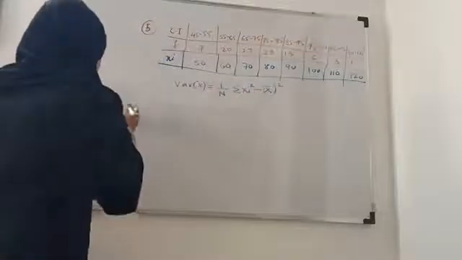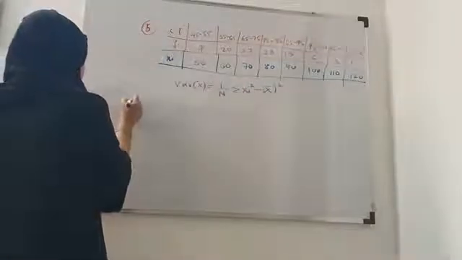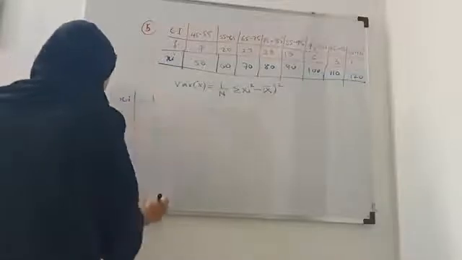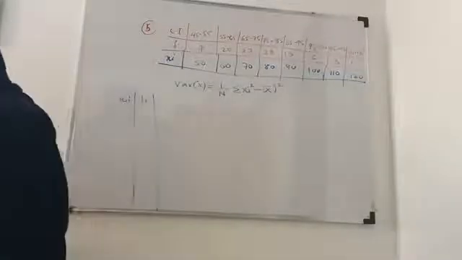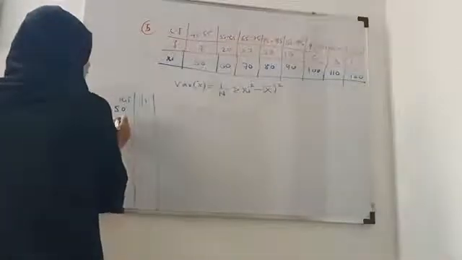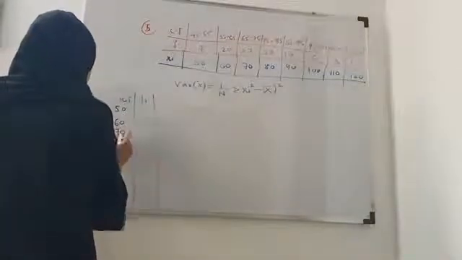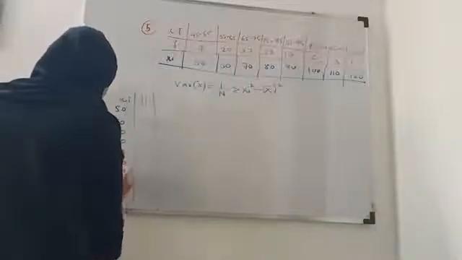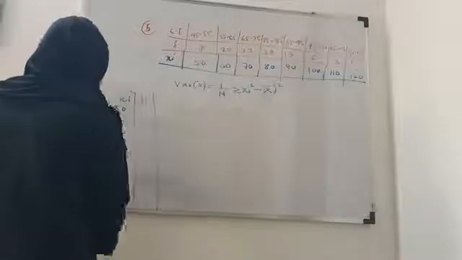Okay. So the first column will be xi's, then fi's. So xi's are 50, 60, 70, 80, 90, 100, 110 and 120.